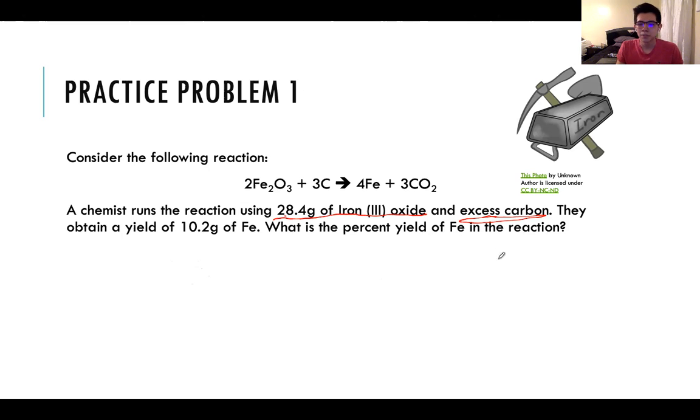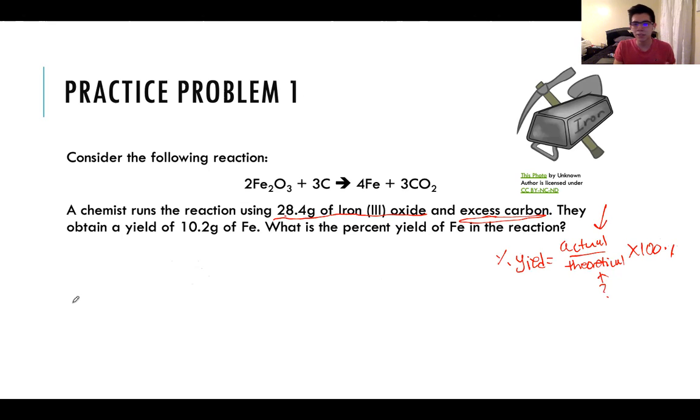So we know that our percent yield is equal to actual over theoretical, and then times 100%. They give us the actual yield. We just need to find theoretical because we don't know how much we should be getting as of right now.